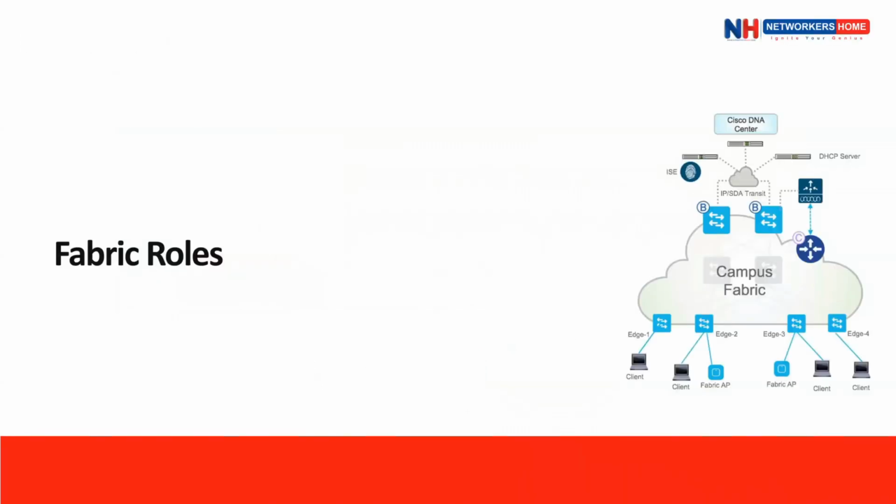Okay, so fabric roles. As everyone saw last time, the DNA Center is the main brain of this SD Access fabric. It is for the policy part. Then you have the border nodes for connectivity to the external world.